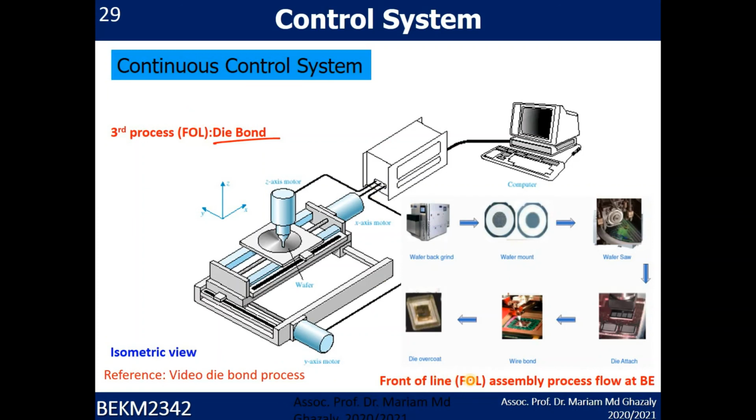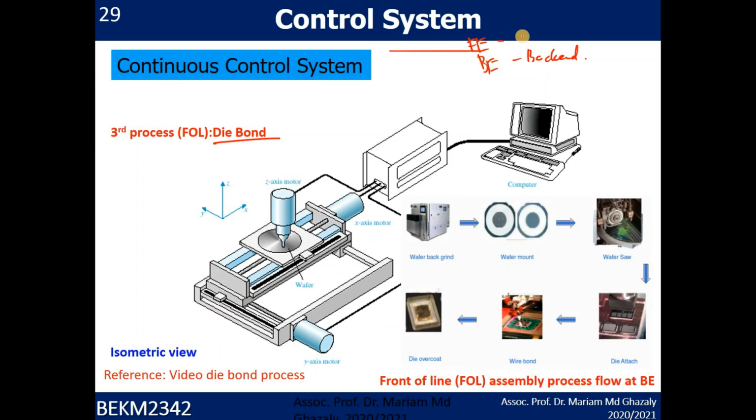Front of line, FOL, is part of the assembly process flow at the back end, BE, meaning back end. I have shared the process in ULearn. This is one of the processes in semiconductor. In semiconductor, we have the back end and the front end.